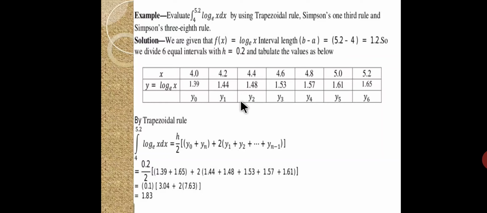So these are the ordinates: y0 is 1.39, y1 is 1.44, y2 is 1.48, y3 is 1.53, y4 is 1.57, y5 is 1.61, y6 is 1.65.